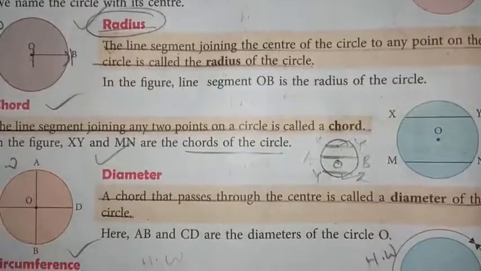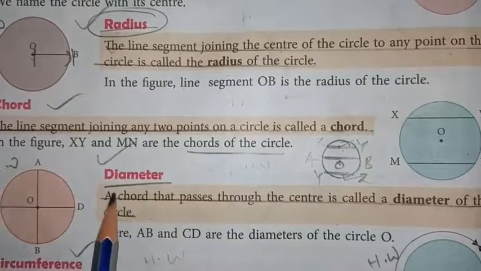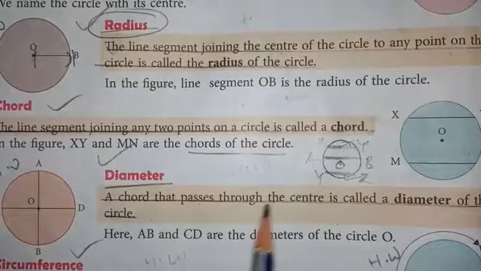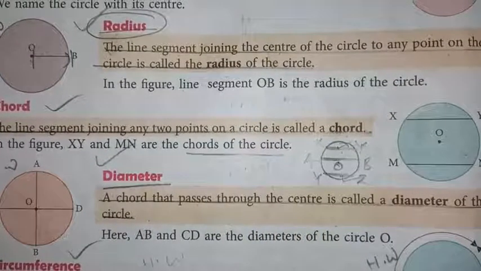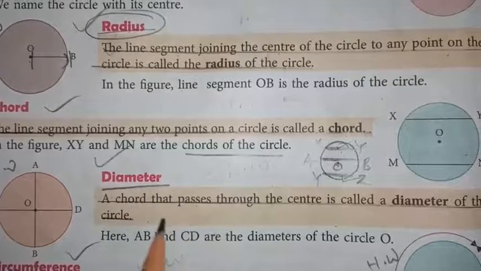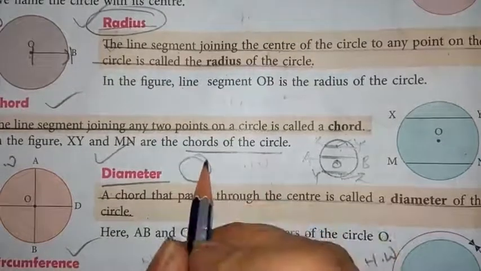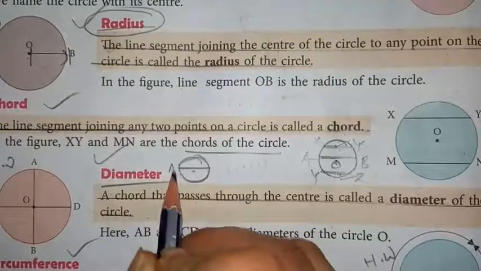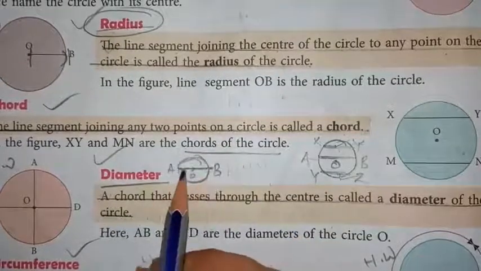Proceeding to the next one, we have diameter. A chord that passes through a center. So what is diameter? A chord that passes through the center. Let me make a circle here. If this is a circle, and if I make A, O, B, then this will be considered as the diameter.